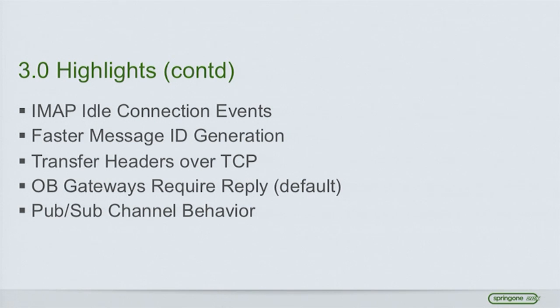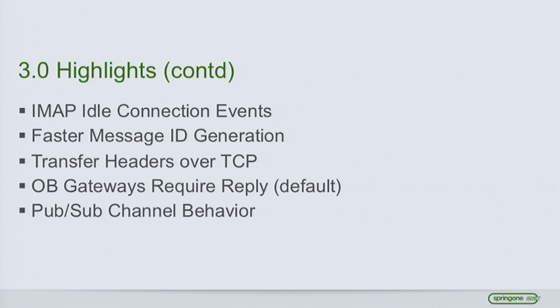There was no way to map headers. So we've now implemented a mechanism. It's a little convoluted in that there's a two-stage step to map the message to something that can contain headers, and then perhaps you do a serialization to JSON or something like that. So that's another feature now. You can configure the TCP adapters to transfer headers.